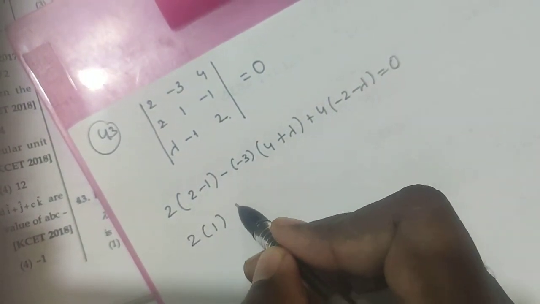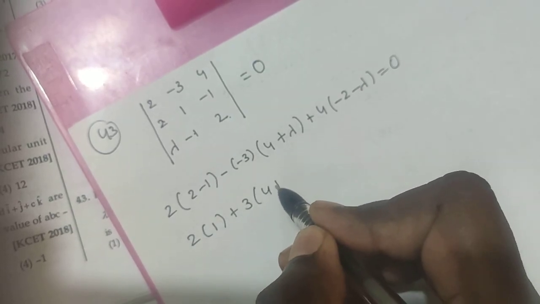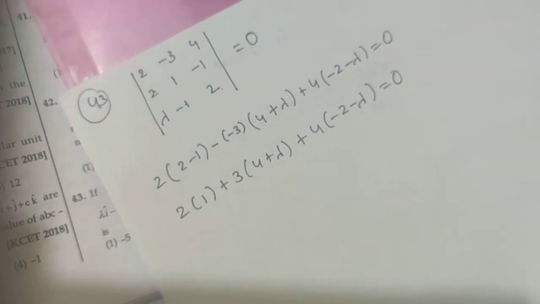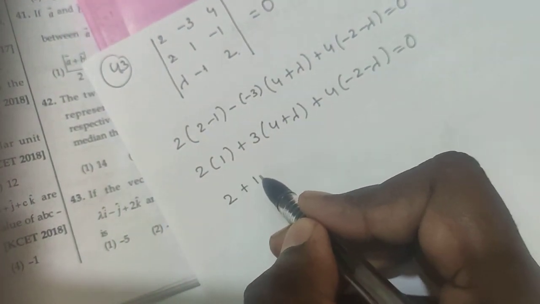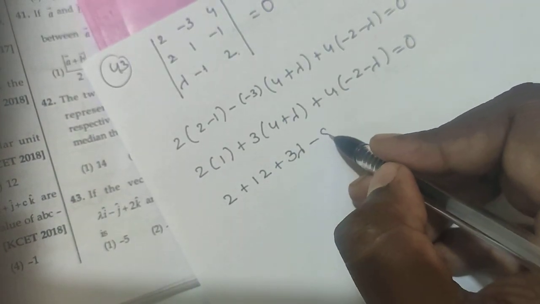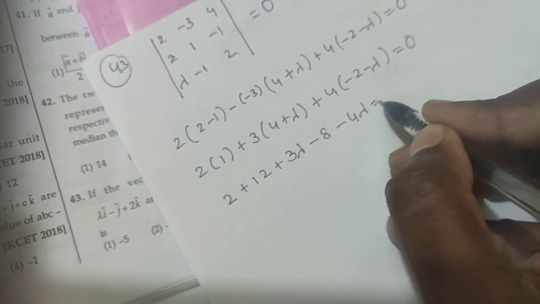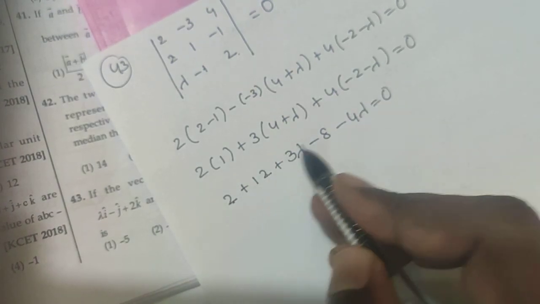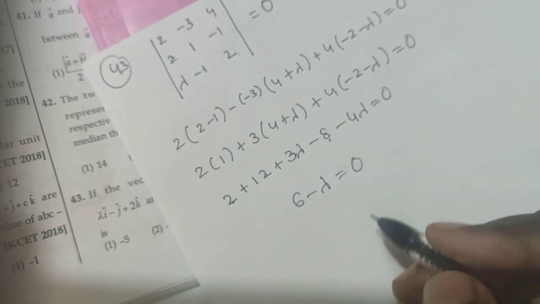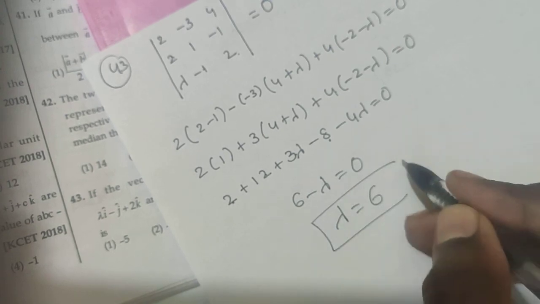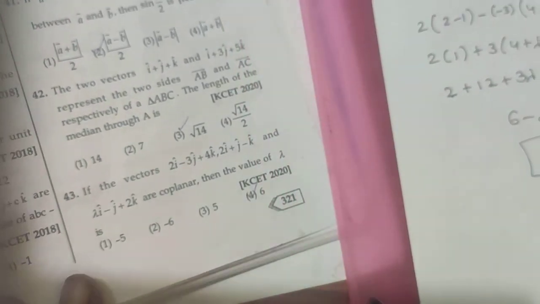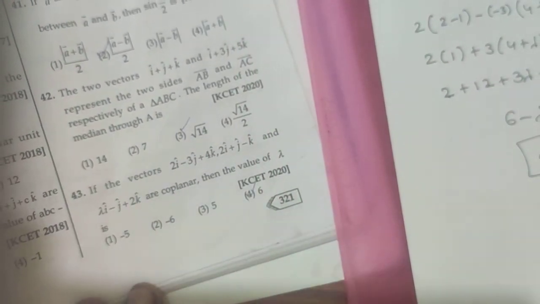Then simplify: 2 into 1 minus of minus, plus 3 into 4 plus lambda, plus 4 into minus 2 minus lambda equals 0. 2 plus 12 plus 3 lambda, 4 into minus 2 is minus 8, 4 into minus lambda is minus 4 lambda. 12 plus 2 is 14, 14 minus 8 is 6, 3 lambda minus 4 lambda is minus lambda, equals 0. Then the lambda value is nothing but 6. That is the answer for question number 43. That's why in the 43 question, the fourth option is the correct one.